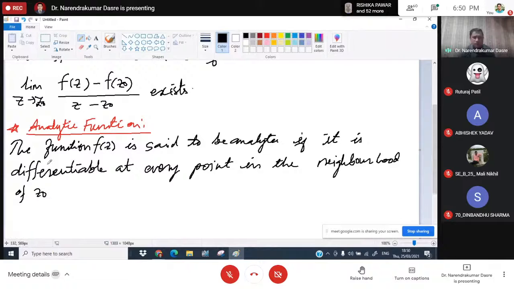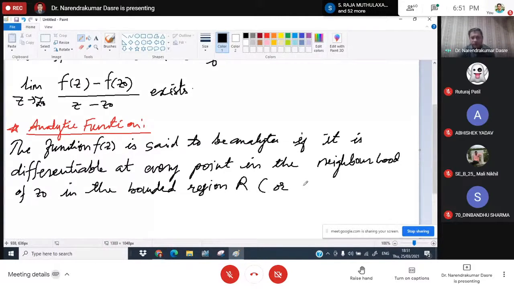z0. Okay, so the function is said to be analytic if it is differentiable at every point in the neighborhood of z0 in the bounded region R, or in the complex domain.